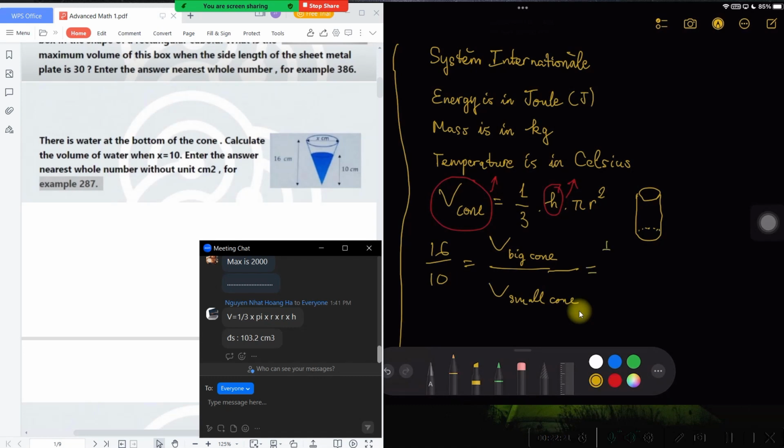So 1/3 big cone is like h is 16 centimeter, right? So times 16, pi r, it's 5, right? 5 squared. R at this point is 5. And this one small cone, the height is actually 10.